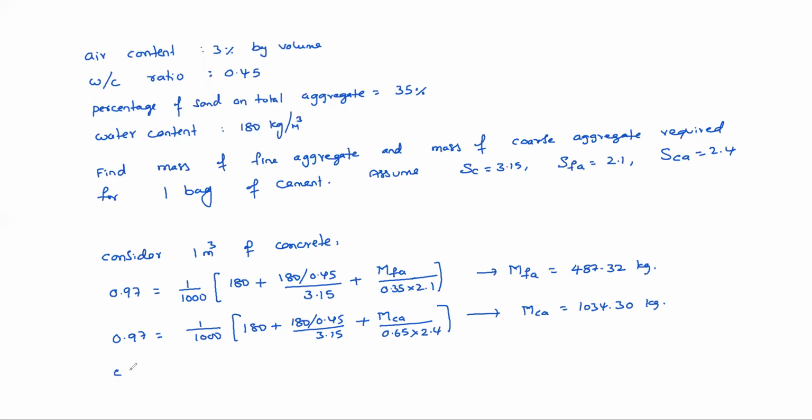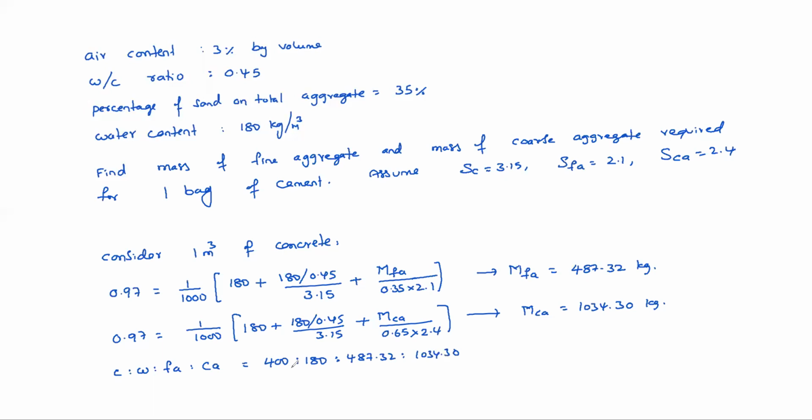So now the proportion is like this. Cement, water, fine aggregate, coarse aggregate. How much cement? 180 by 0.45, how much? 400. 400 kg cement is to water 180 is to fine aggregate 487.32 is to coarse aggregate 1034.30.